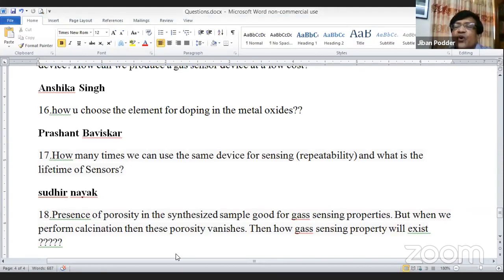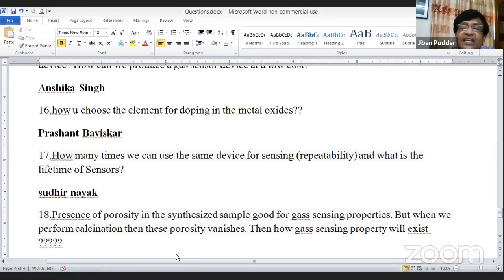So a comparable size, or a little bit smaller ionic size, is better. Then only can the doping element play its role. Otherwise, if it is a bigger size, the coordination and bonding phenomena will be different.